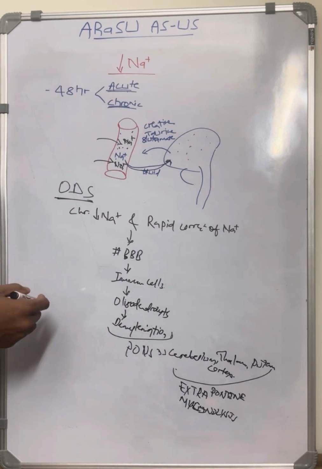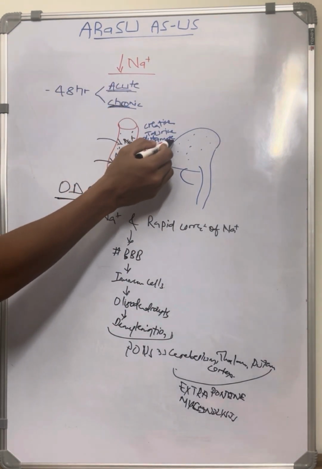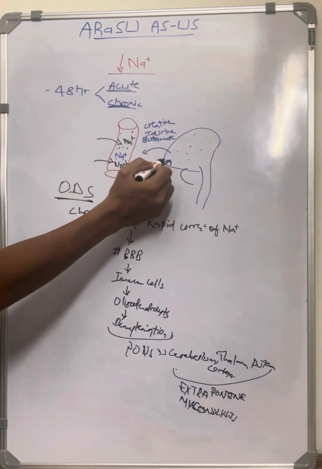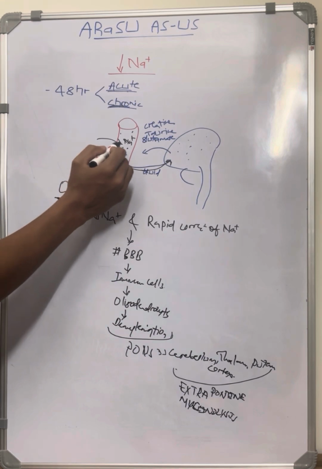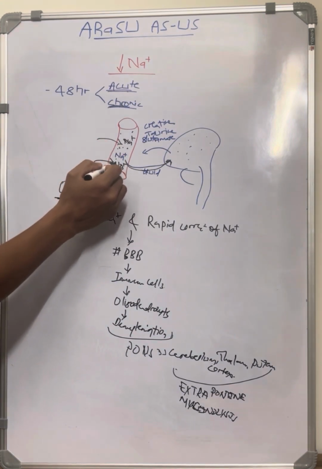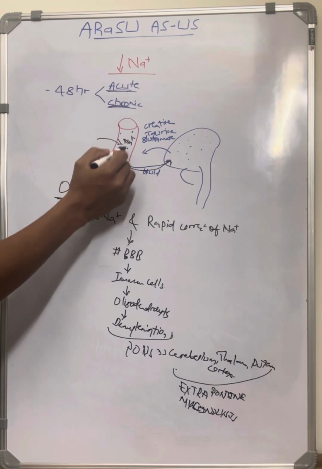Just to revise it rapidly, when the hyponatremia is lasting for more than 48 hours, that is chronic, osmolytes have already shifted and fluid has shifted into the neuronal cells, and we are giving rapid correction of sodium. At the end, it is resulting in excessive electrolytes, osmolarity, and osmolytes inside the vascular compartment.